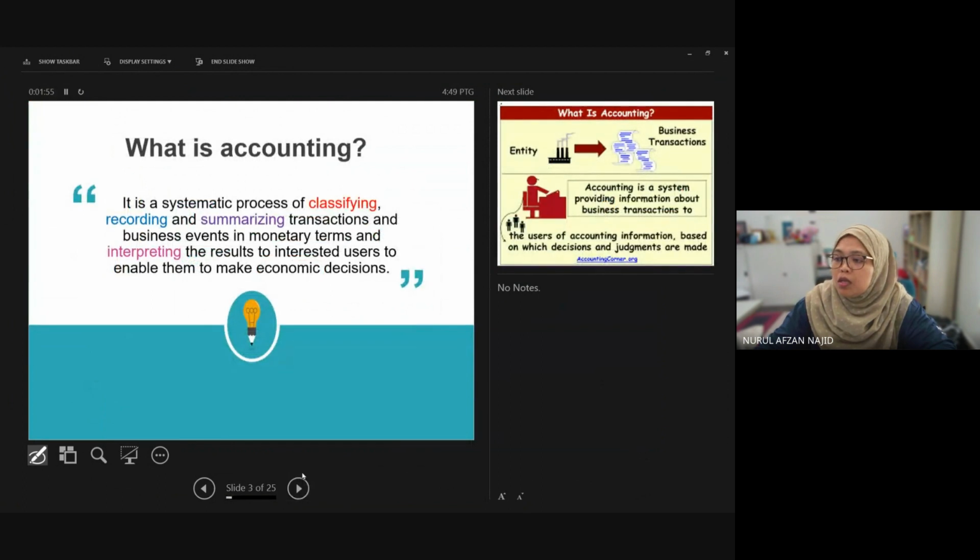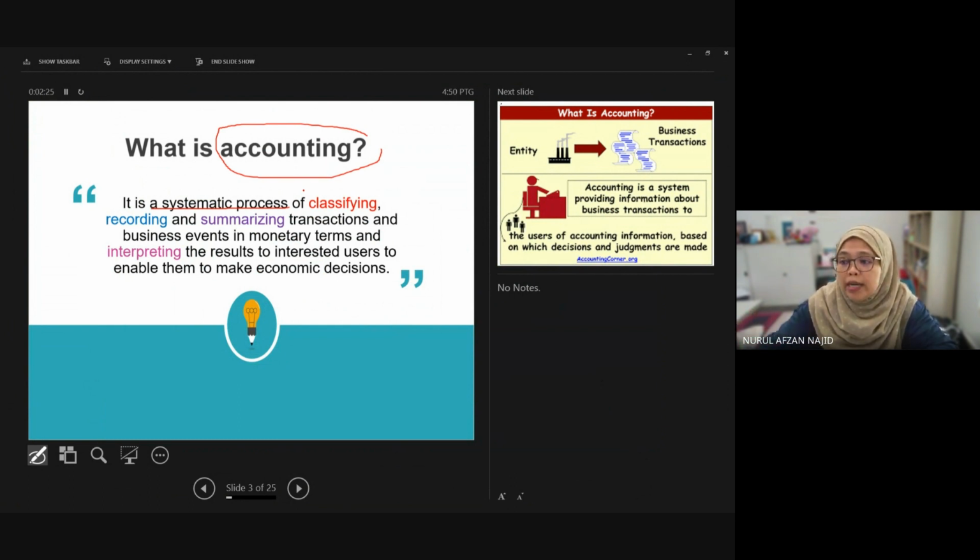Alright. So we start with the definition of accounting itself. What is the definition of accounting? Accounting is actually a systematic process. When we talk about a systematic process, it means there is a flow or steps involved in order to make sure that the financial statement is prepared accurately.